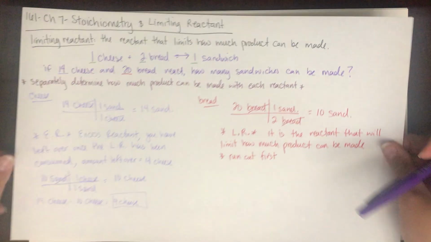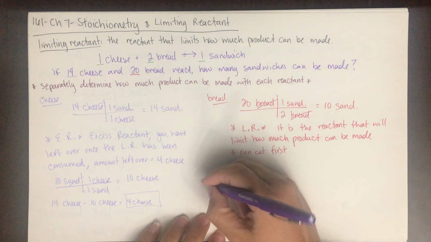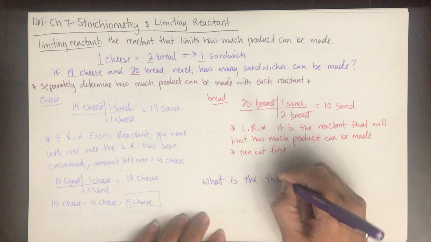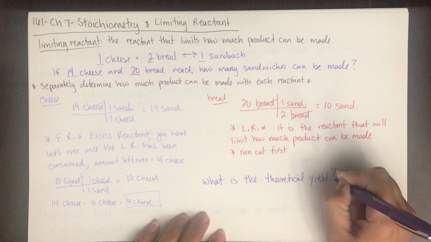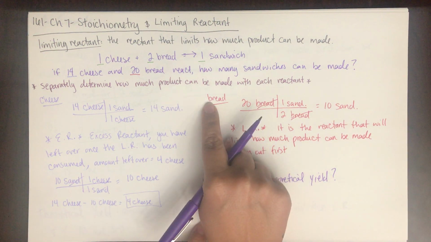If we go back to our grilled cheese sandwich example, so I would say, what is the theoretical yield? So the theoretical yield is the amount of product that you can make with the limiting reactant. We said the limiting reactant was the bread.